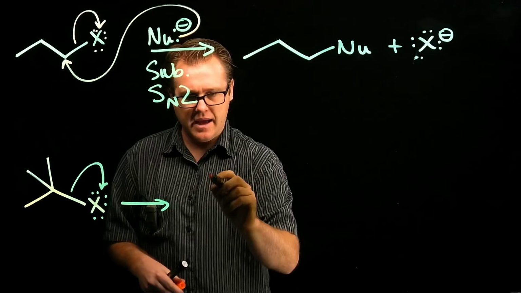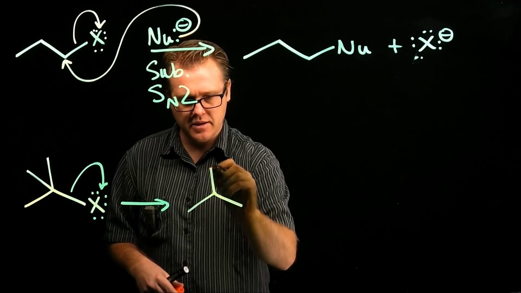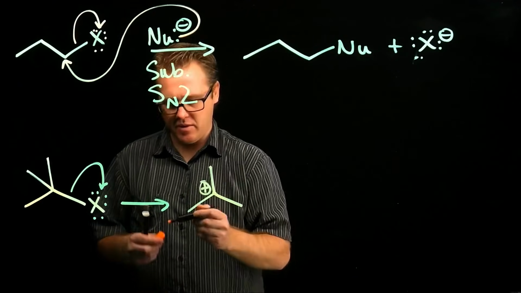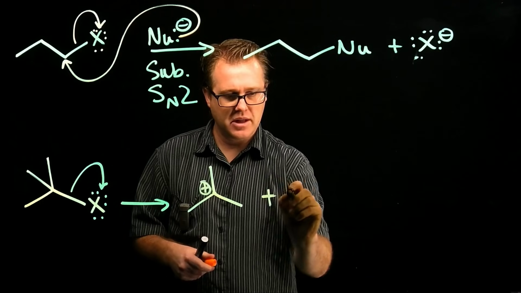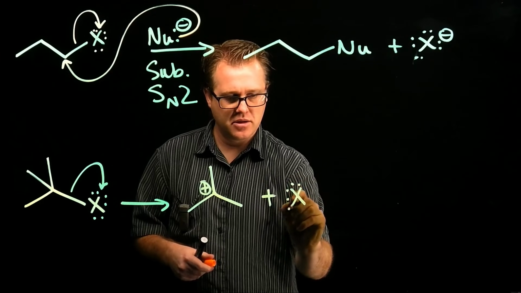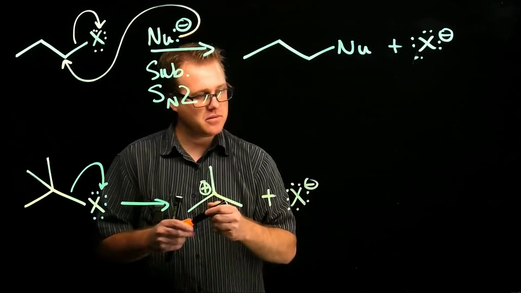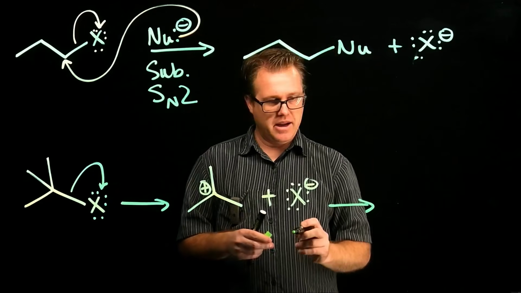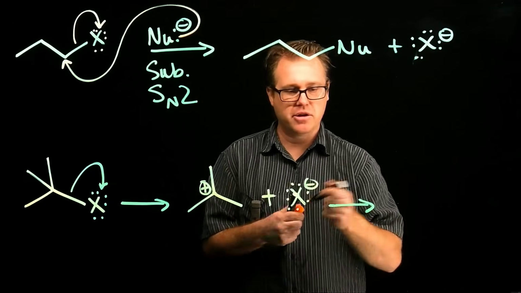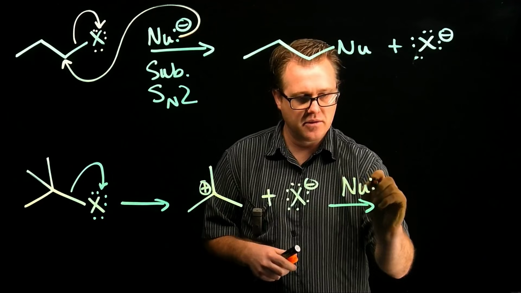And then I will have something that looks like this: you'll have a carbocation plus the halogen that just left. And then we'll do another step right here where we will now introduce the nucleophile.